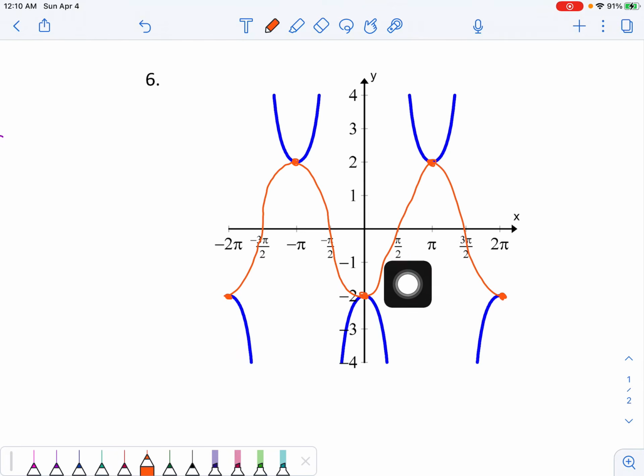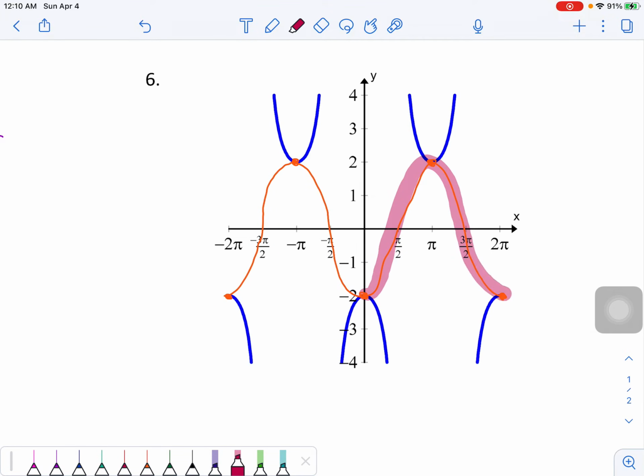Wow, that was really bad at the end there. This one's just awful. But I kind of get the feel for what's going on here. And what's going on here is this is a cosine curve, right? It's off center. It's at a minimum or maximum point here. Minimum for cosine, maximum for the secant curve.